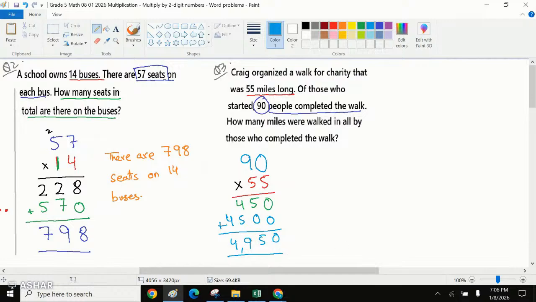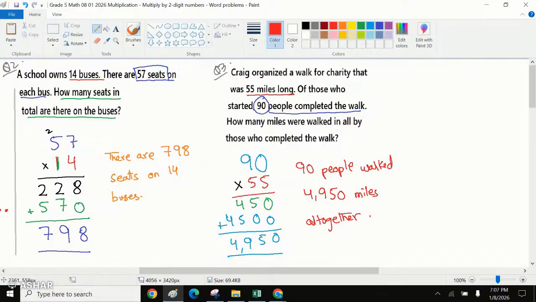So what our statement can be: 90 people walked 4,950 miles together, or altogether.